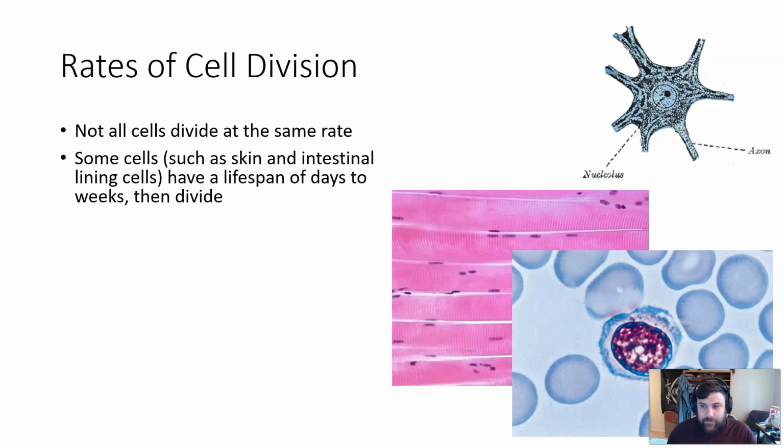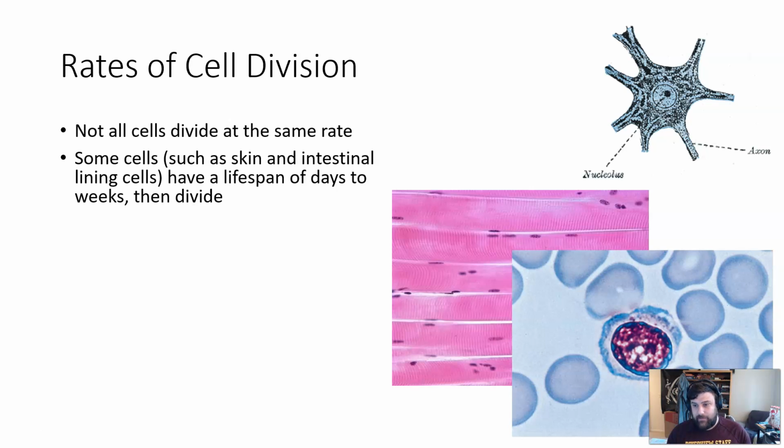There are some cells, like skin cells, the lining of your intestines, like mainly various linings, they don't have a very long lifespan of only days to weeks, and then they divide. They are consistently replacing themselves very, very rapidly. In fact, with skin, it's generally only a couple days.